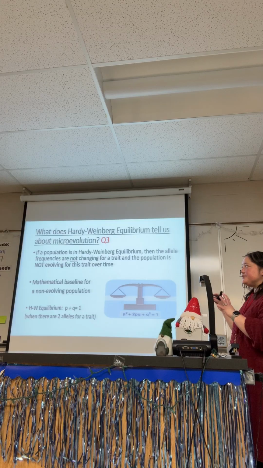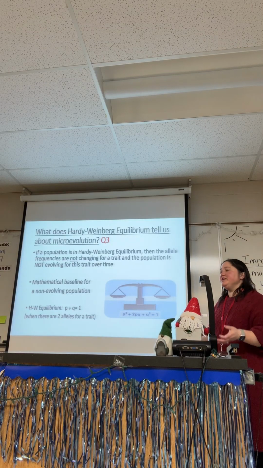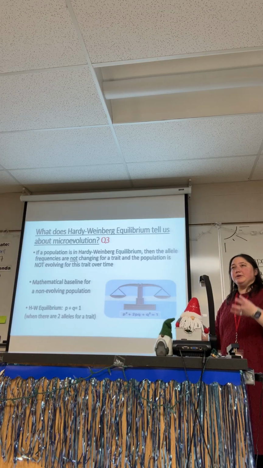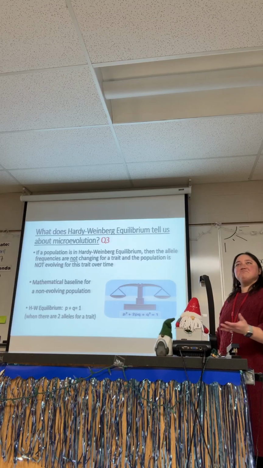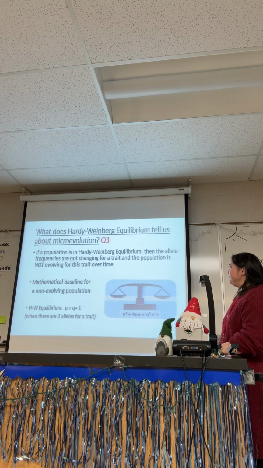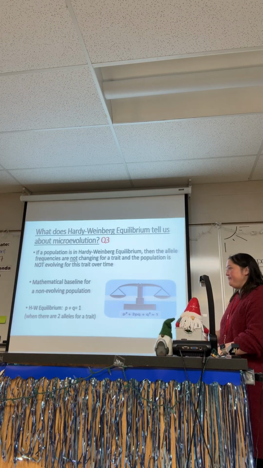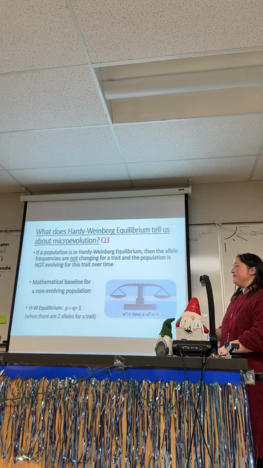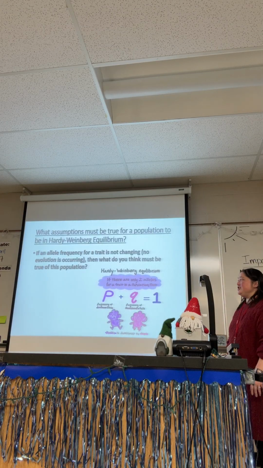Again, this is strictly sticking to nothing evolving in a population, nothing changing with the allele frequencies. The p's and the q's are balanced. Allele frequencies are not changing over time. If an allele frequency for a trait is not changing and evolution is not occurring, then what do we think is true of this population?